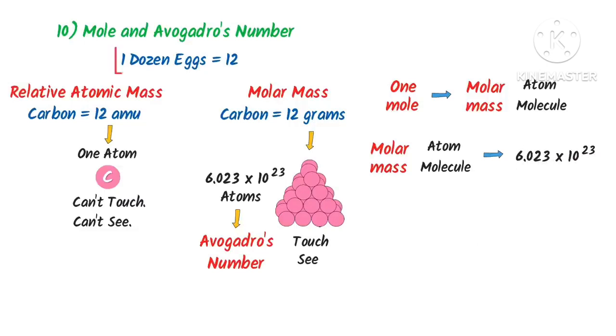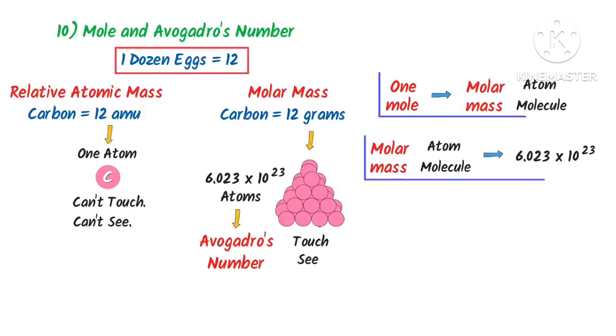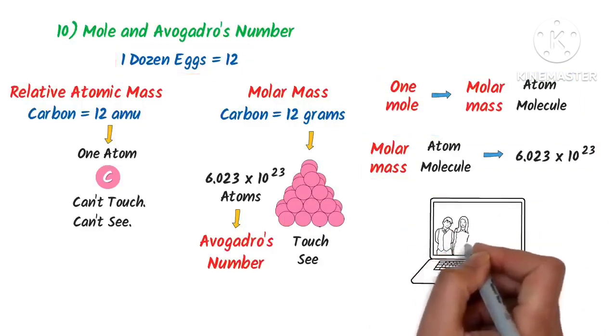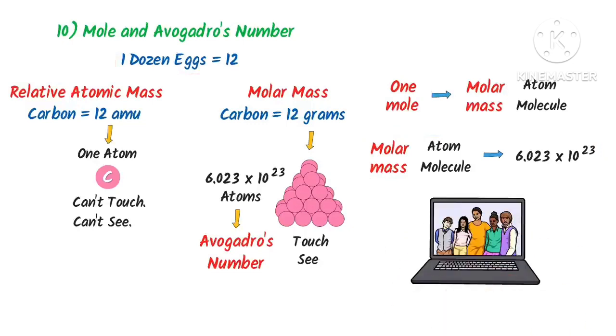So remember that 1 dozen of anything is always equal to 12. 1 mole or molar mass of any atom, molecule or formula unit contains 6.023 × 10^23 particles. If you want to learn more about mole concept and Avogadro's number, we have already uploaded a very dedicated video and its link is given in the description.